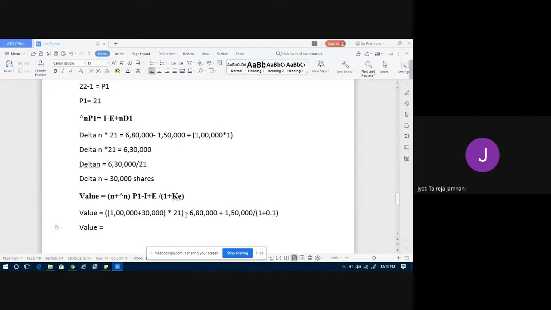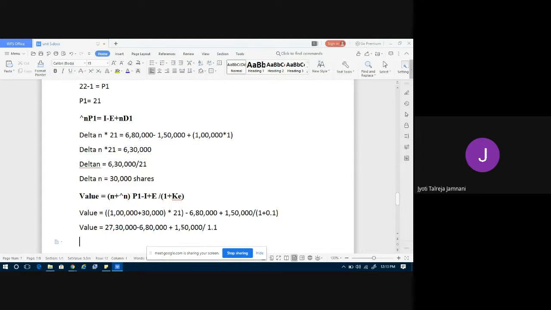How much do you get? 27 lakh 30,000. 27 lakh 30,000 minus 6 lakh 80,000 plus 6 lakh 80 plus 1 lakh 50,000. This entire thing divided by 1.1. 1 plus 0.1 is 1.1.